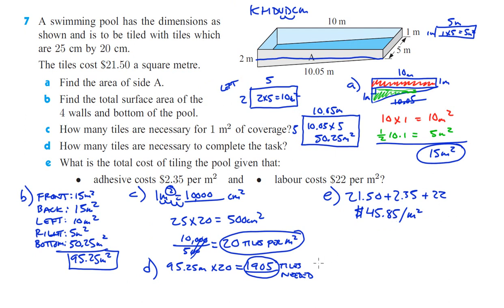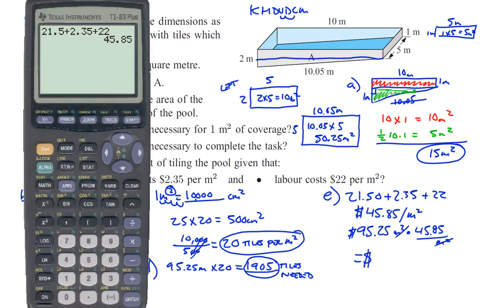And let's see, what's the total cost of tiling the pool? So that much per square meter, and we know that there's 95.25 square meters, so we take 95.25 square meters times 45.85 dollars per square meter, and that's where your meters squared go away, and that is going to give us the total cost.